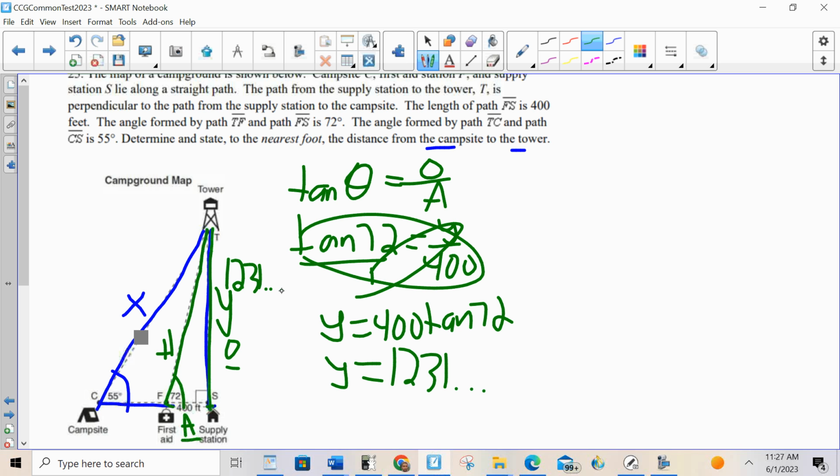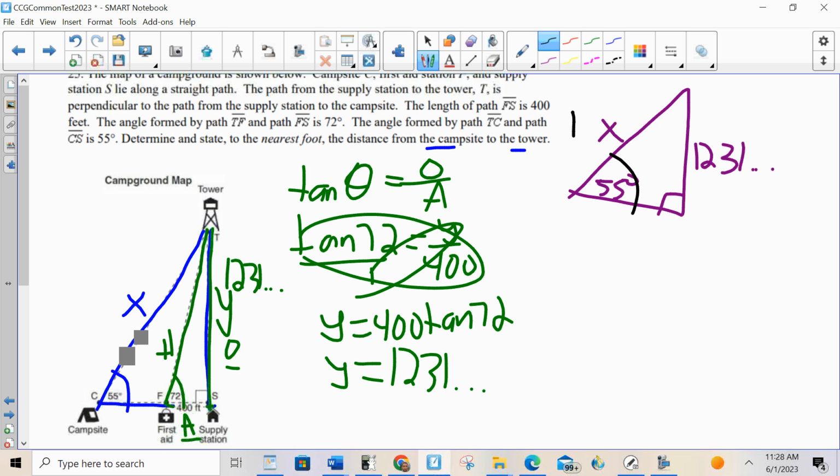And now that I have that, it might help to redraw the big triangle if this is starting to look a little messy. So this is 1231 dot dot dot. This is 55. This is X. H, A, O. O and H are involved.